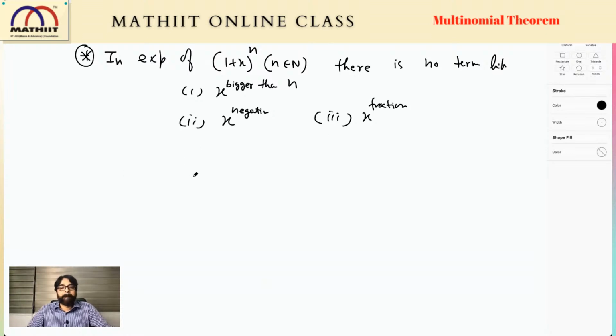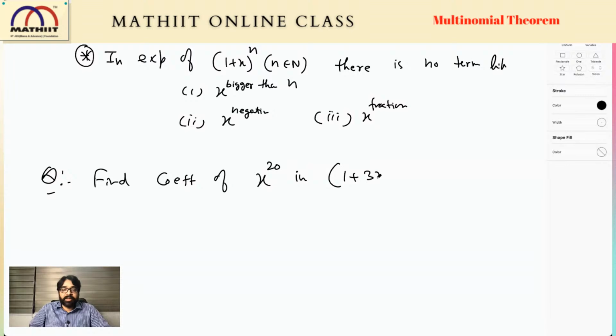Are you clear, bhai? So if anyone asks you, find the coefficient of x power 20 in 1 plus 3x raised power 25. Everybody tell me, the coefficient of x power 20 in 1 plus 3x power 25.